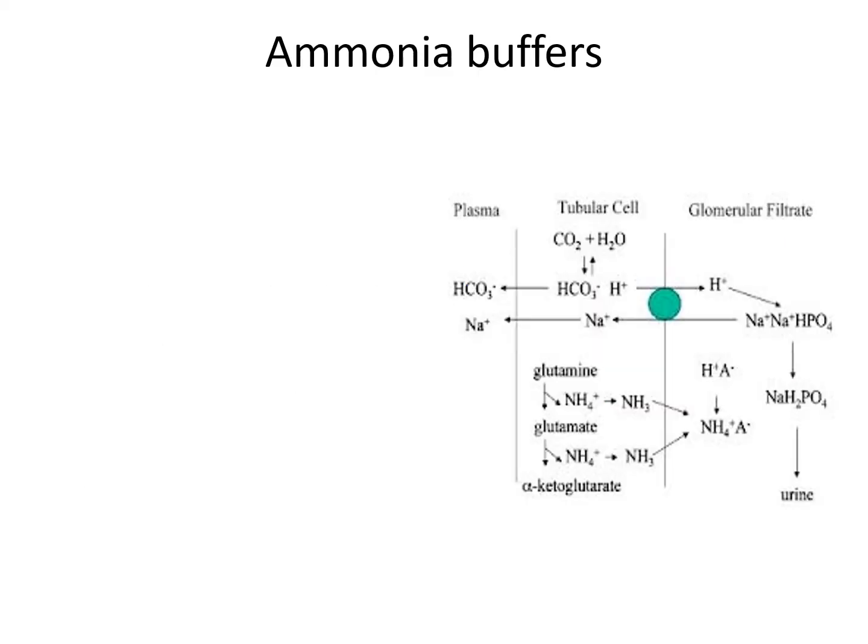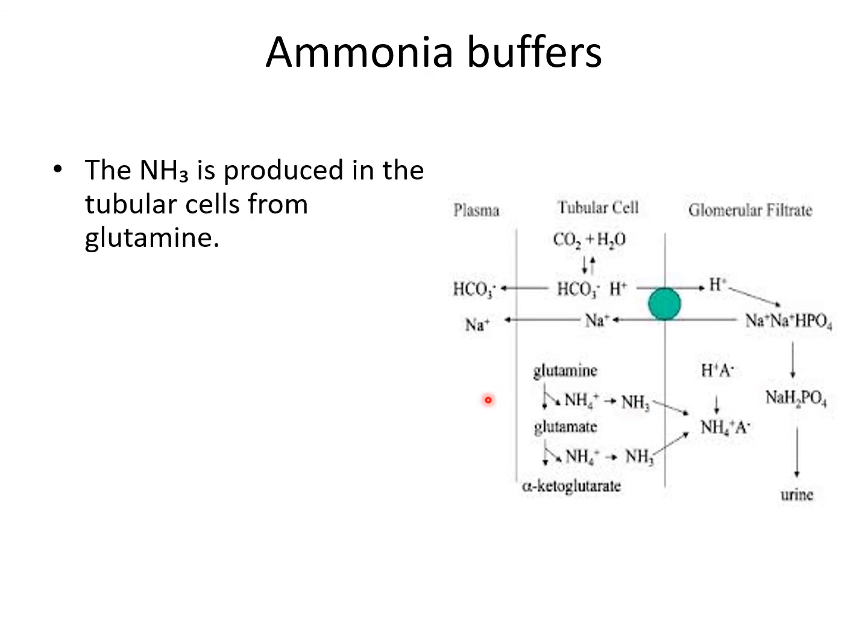The third urinary buffer system is the ammonia buffer. Now, this ammonia is produced in the tubular cells from glutamine. The principal reaction producing ammonia in the cell is the conversion of glutamine to glutamate by the enzyme glutaminase, which is abundant in the renal tubular cells.